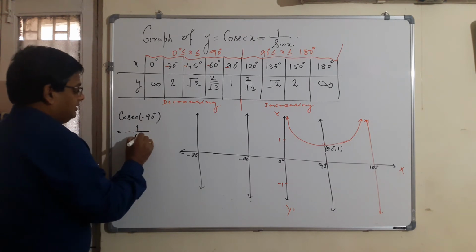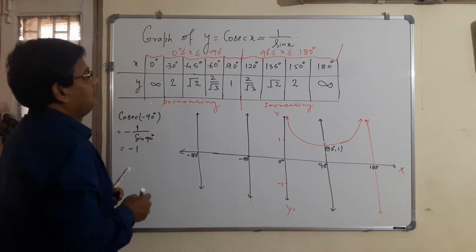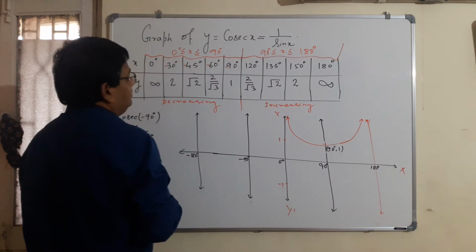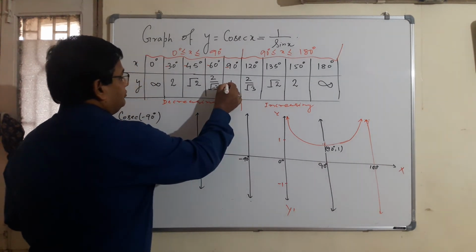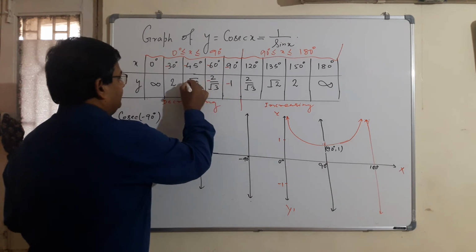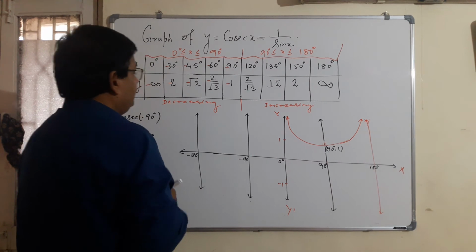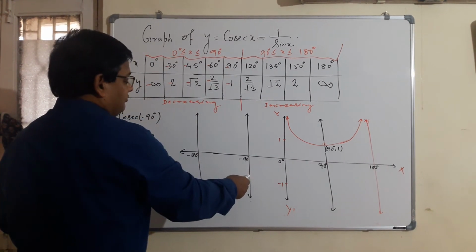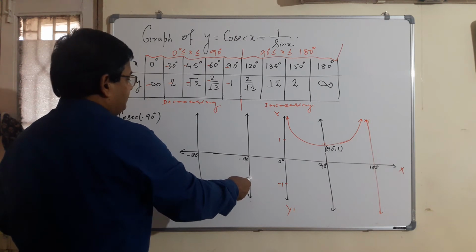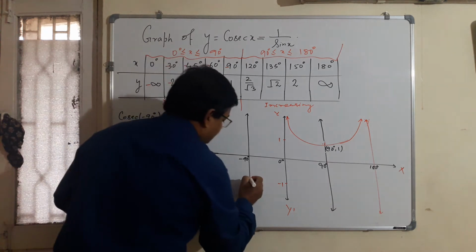Cosec we can write as minus 1 by sine 90 degree, which equals minus 1. In the fourth quadrant the value is negative. So when it is minus 90 degree, the value is minus 1.